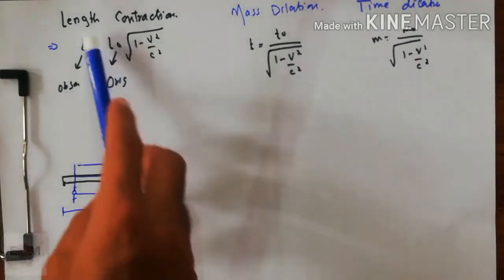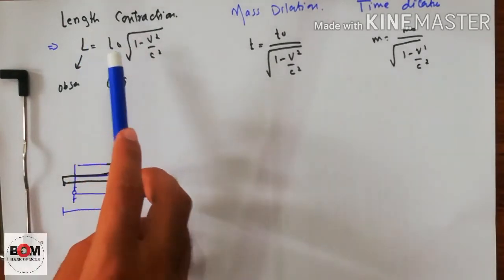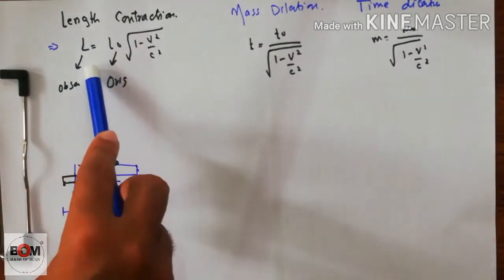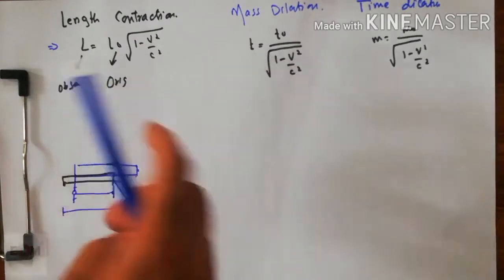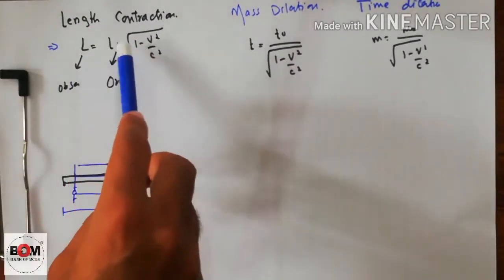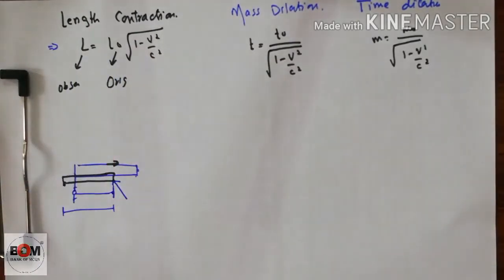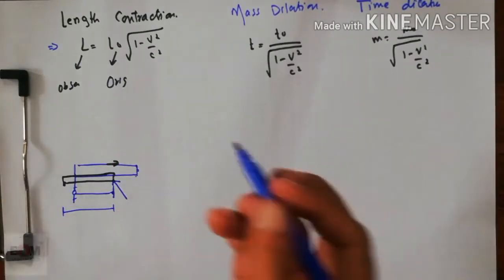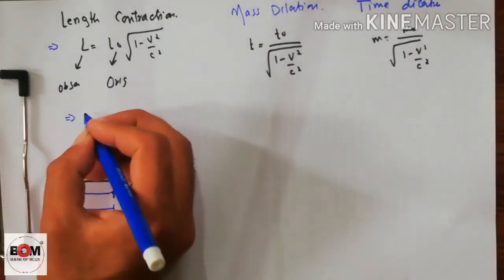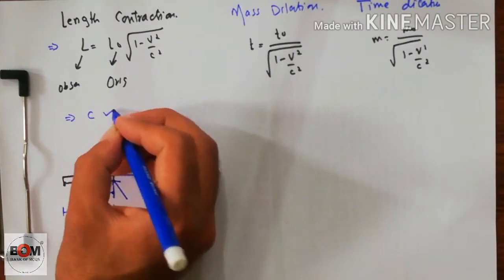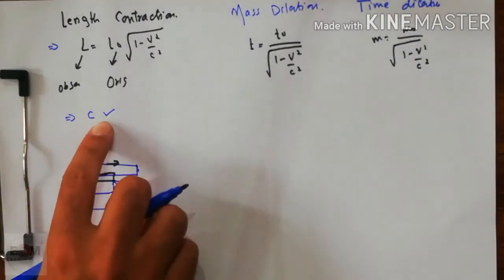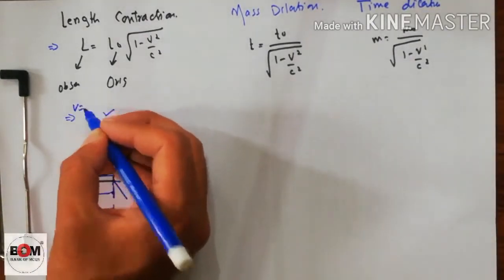Now if body is moving with high speed, then its length is contracted. So the greater the speed, the greater will be the contraction. If it is moving with high speed, the length will be decreased. So suppose the body is moving with the speed of light, what will happen? Its velocity is equal to c.